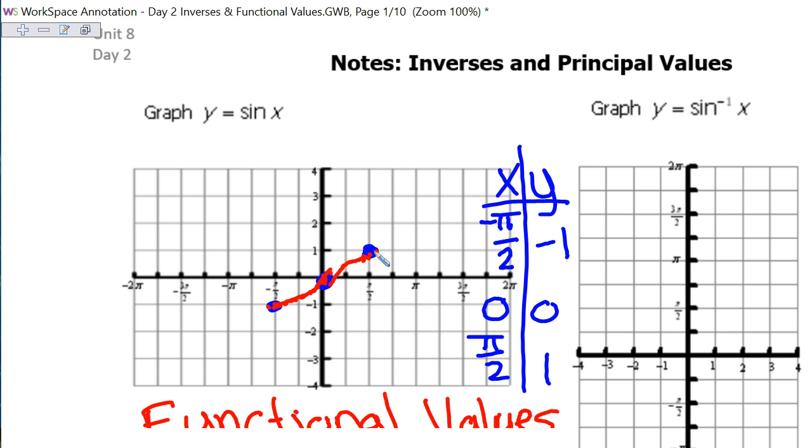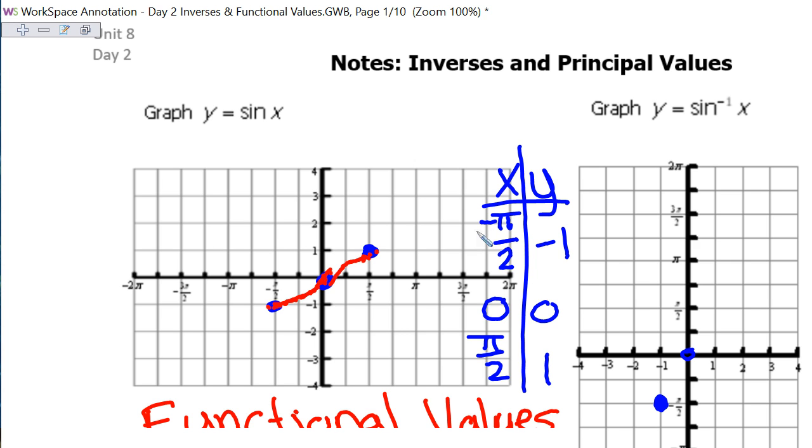Now from ordered pairs, you can quickly find the inverse ordered pair by just finding the inverse point. So flipping the points, negative pi over 2, negative 1, when I switch the order, that would be negative 1, negative pi over 2. So that inverse point would be negative 1, negative pi over 2, down in quadrant 3. 0, 0, when you reverse the ordered pair, it's still 0, 0. So we're just switching x and y.